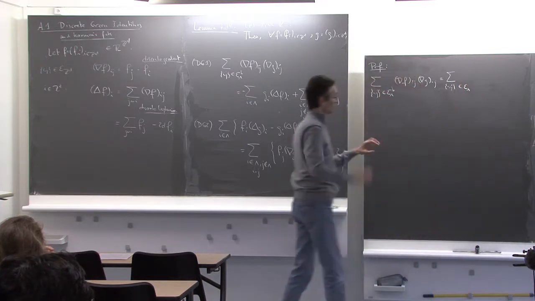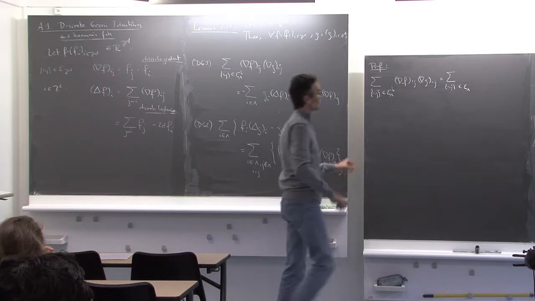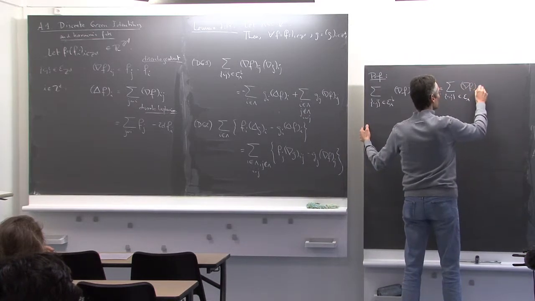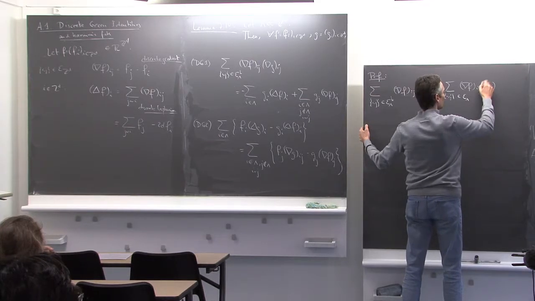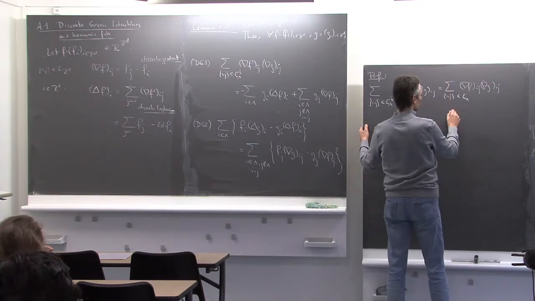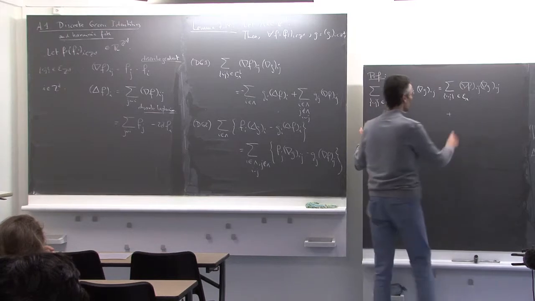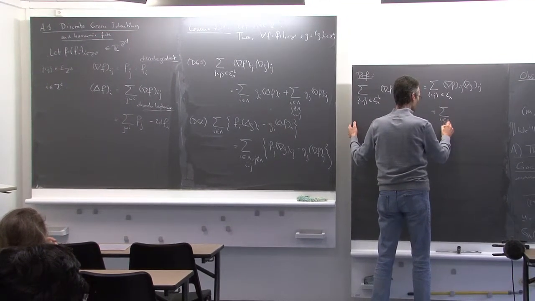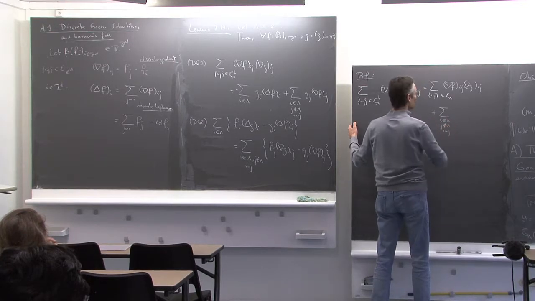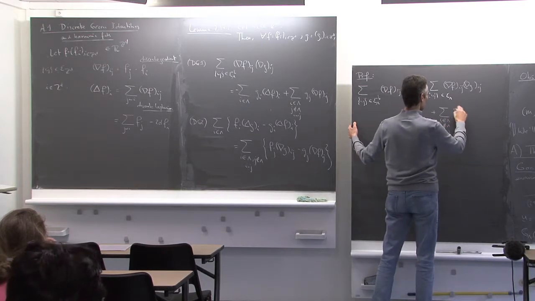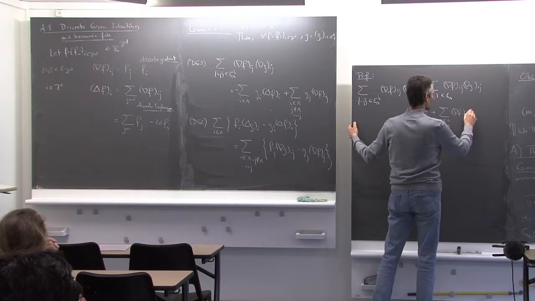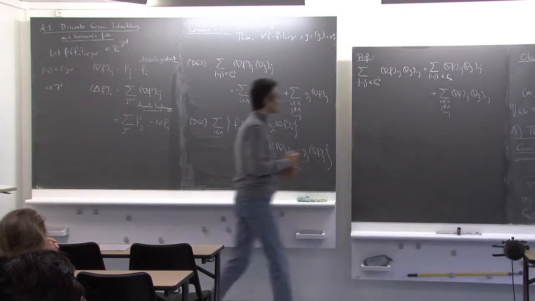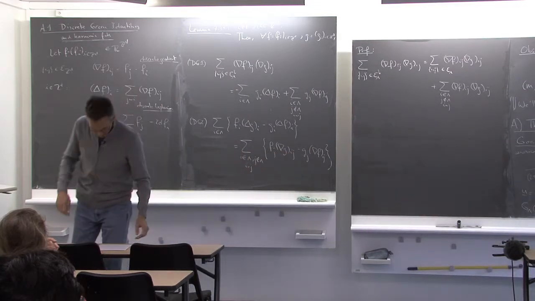So I'm removing all those which connect some vertex in lambda with some vertex outside lambda. Of the same expression, gradient f ij, gradient g ij, and then I have to add something. The something I have to add will be the sum over all i in lambda, j not in lambda, i and j neighbors, of gradient f ij, gradient g ij. Okay.